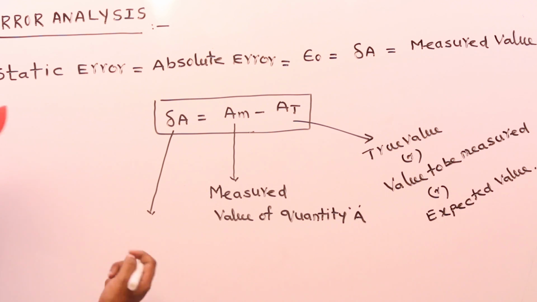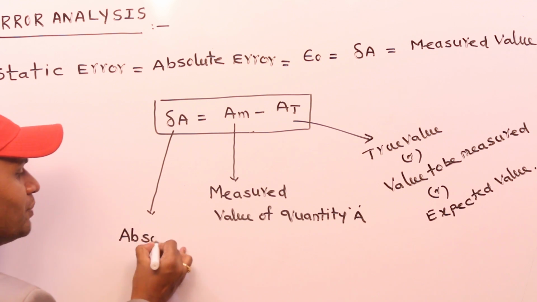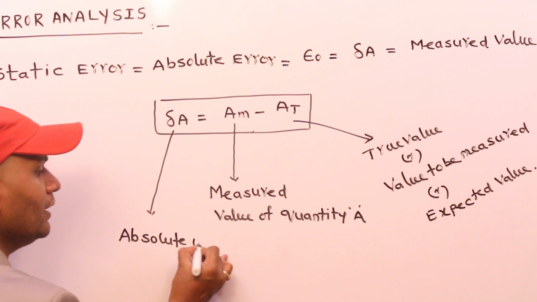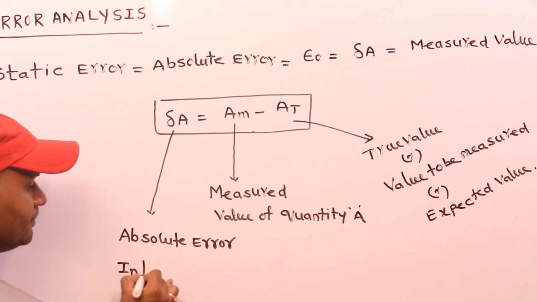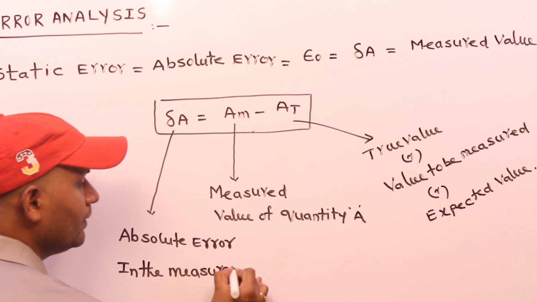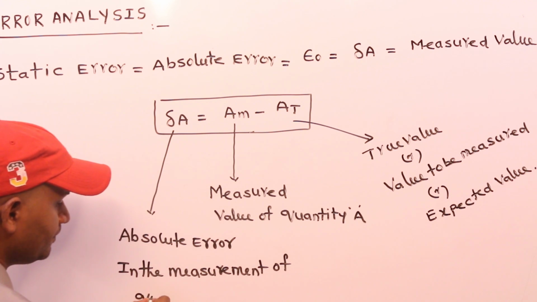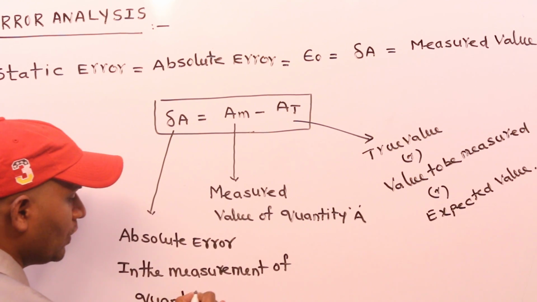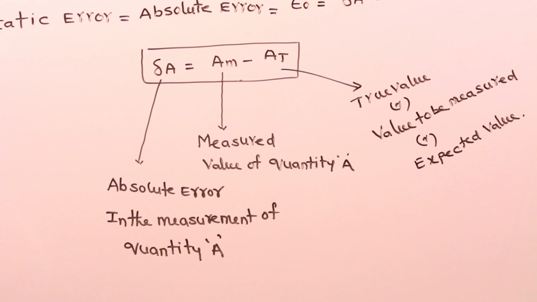That is the meaning. Delta A means absolute error or static error in the measurement of quantity A.